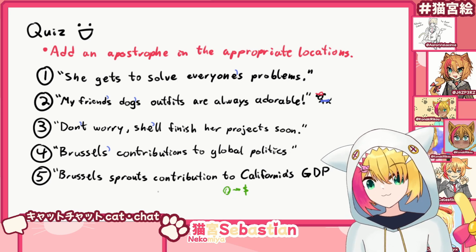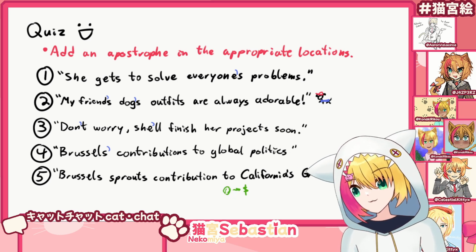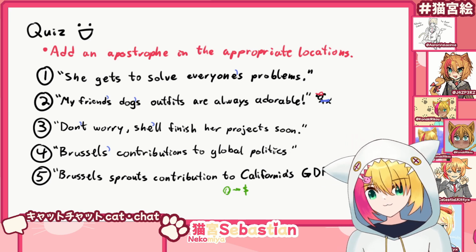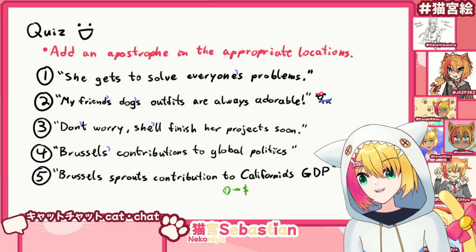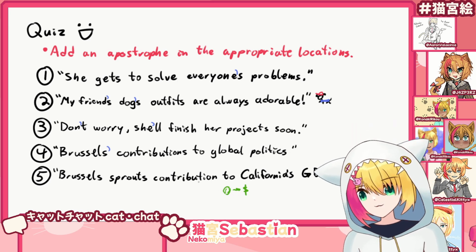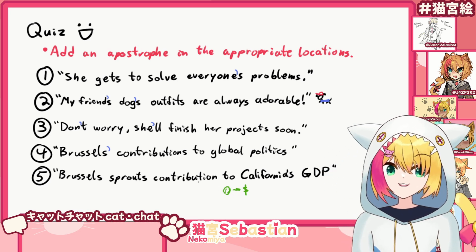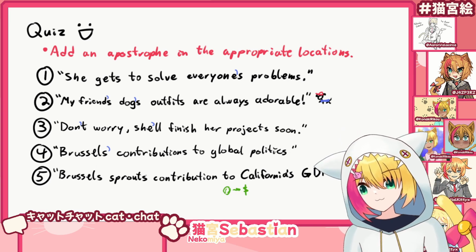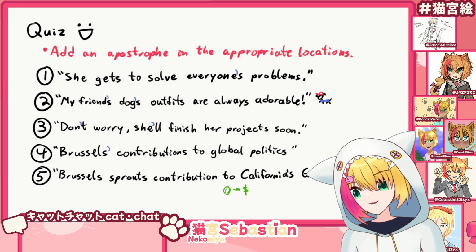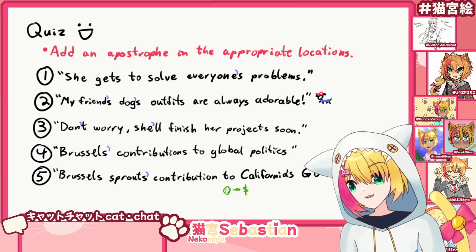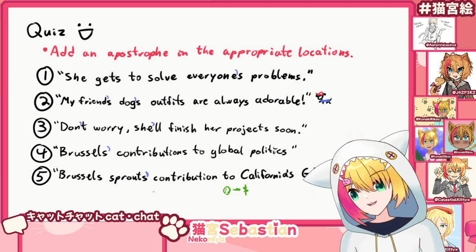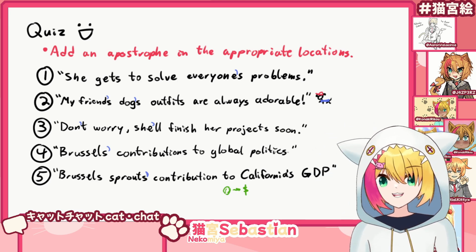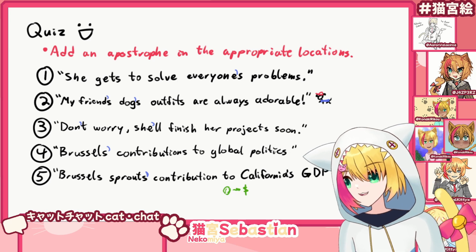But in this case, when we're talking about GDP, you're probably not talking about a single Brussels sprout getting exported. You're probably talking about the entirety of all the Brussels sprouts grown in California. So we're saying Brussels sprouts, plural, contribution to the GDP. So for sprouts, we're going to put the apostrophe after the S because it's a plural. There's many sprouts. We're talking about the contribution that all of them collectively are giving to California's GDP. Can't be that much. Who really buys Brussels sprouts, right?